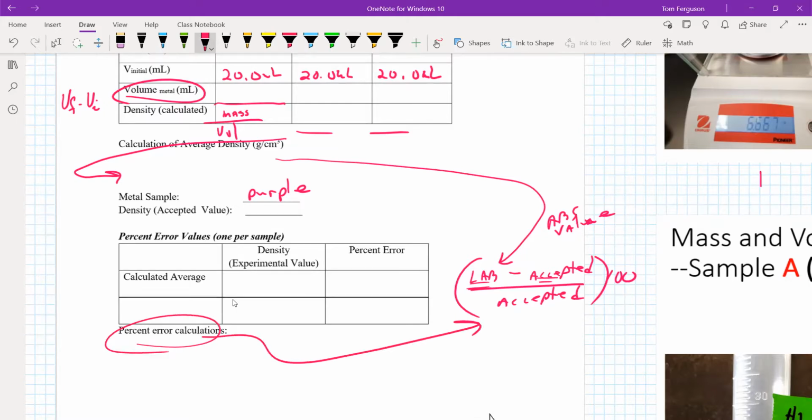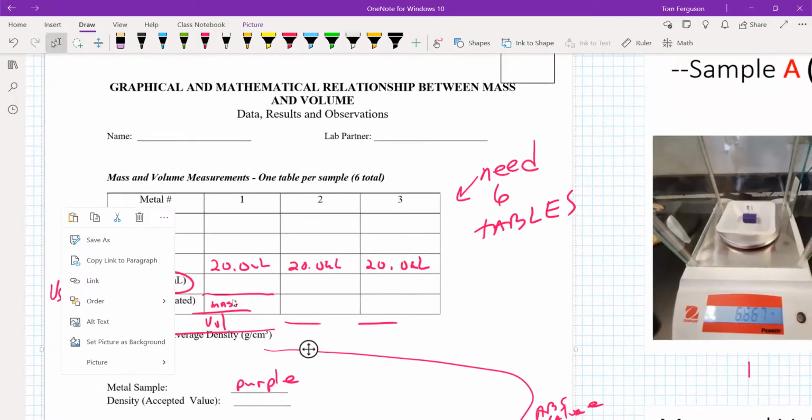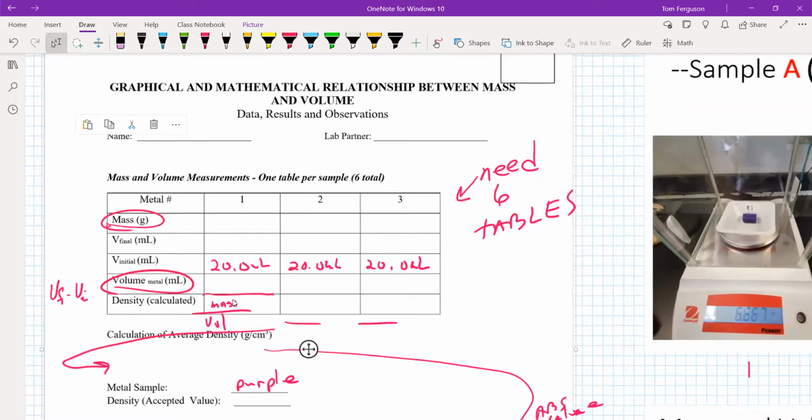Okay, so you're going to have 6 different samples. So you need 6 of these tables here. Each time you're going to be sampling different versions of the same metal, and you're going to get 3 different readings, because you're going to get different sizes and different masses. Then you're going to average those densities together.